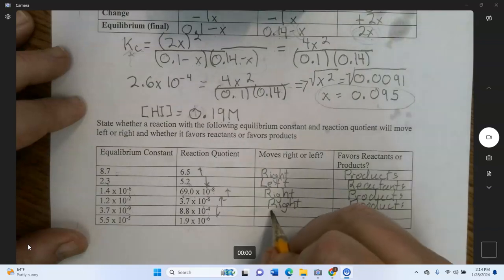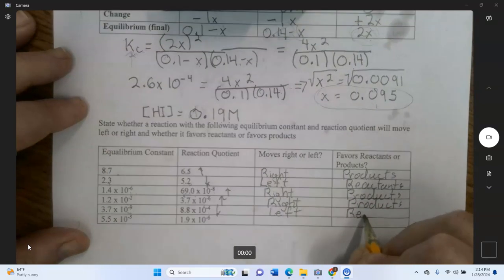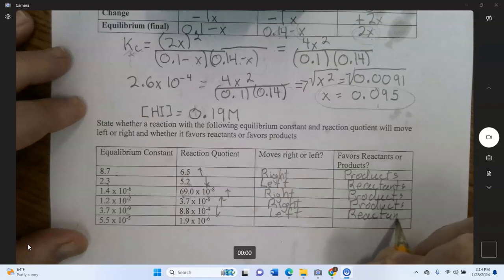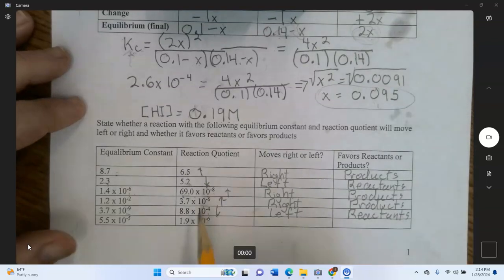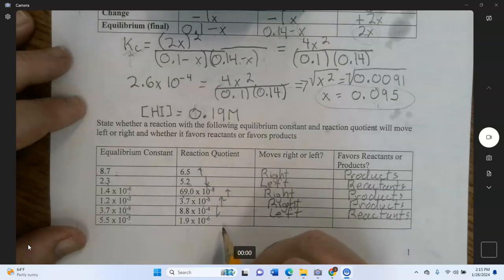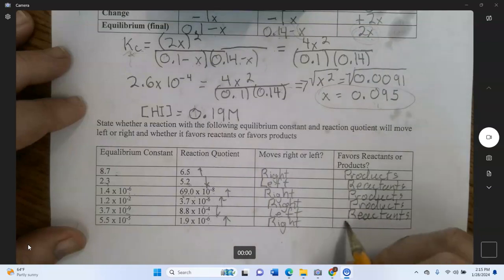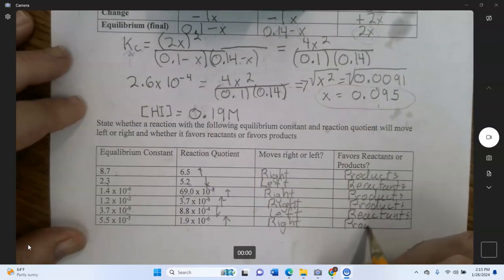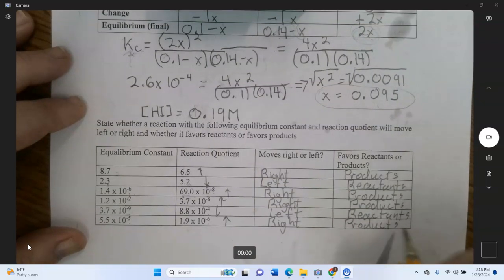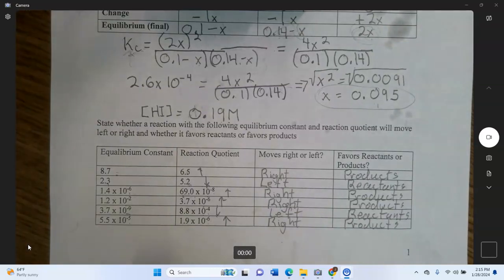So that's to the left. Okay, and finally this is smaller than this, so it wants to move up. So it's going to go to the right and favor products. Okay, that's all there is to that exercise.